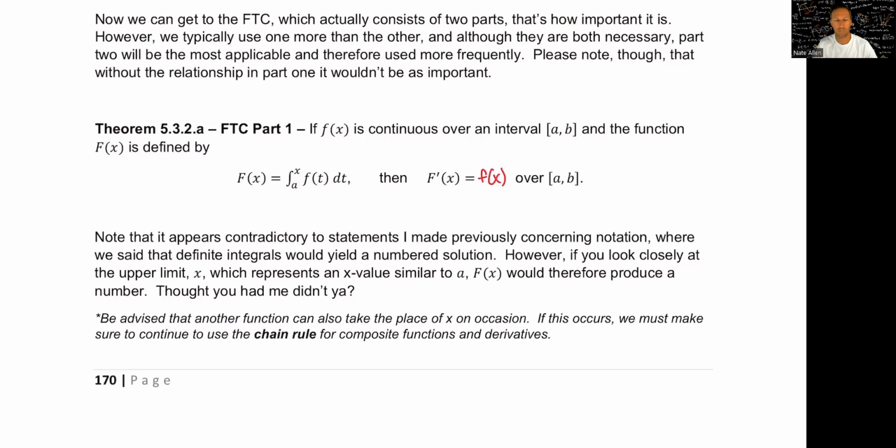Now, of course, this can be made a little bit more arduous by not just putting x, which represents some unknown value. You can actually put another function up there. And if we were to take the derivative of that, remember, we would obviously get our original back, but we would also have a chain rule, which would also yield our dx. We didn't write it on this one because it was with respect to x, and therefore it's just a 1.